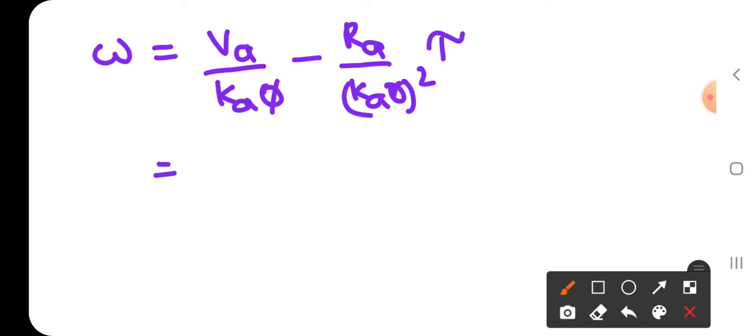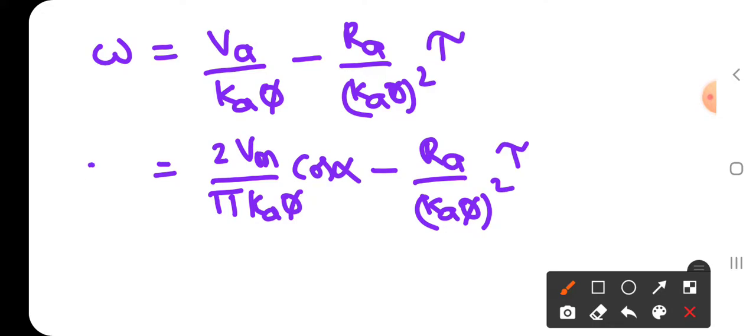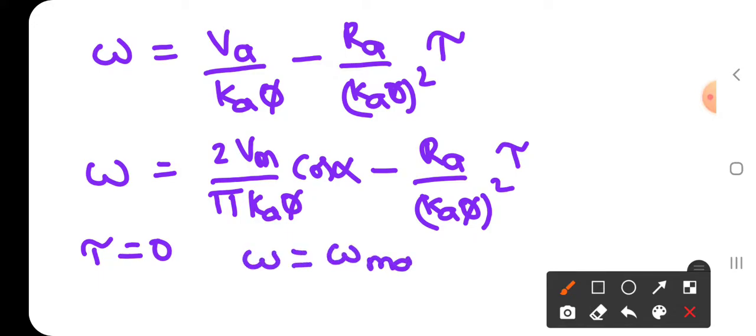So we know Va is equal to 2 Vm by pi cos alpha, so omega is 2 Vm by pi Ka phi cos alpha minus Ra by (Ka phi) whole square into torque tau. When torque tau is equal to 0, then omega is omega max.